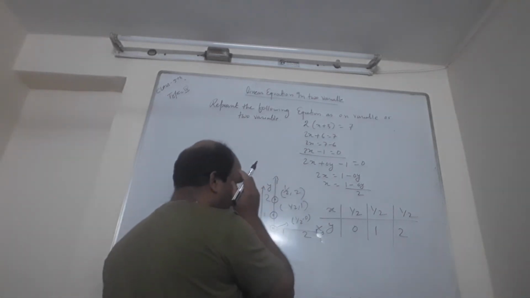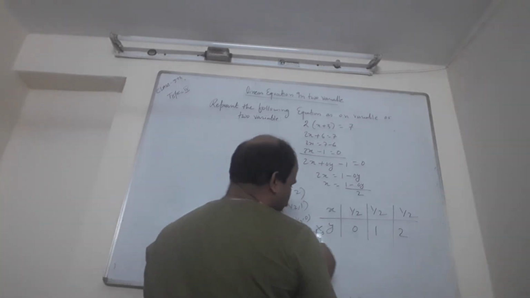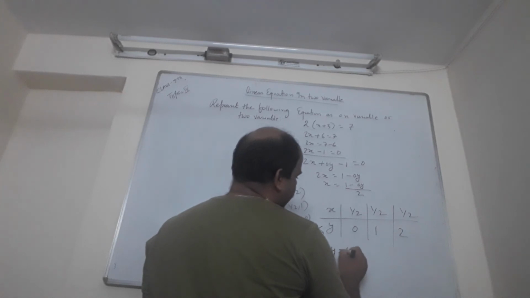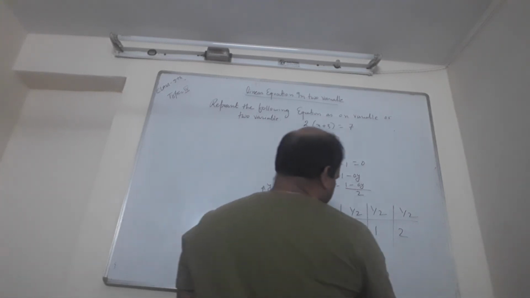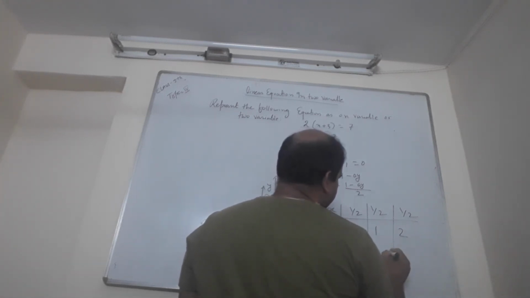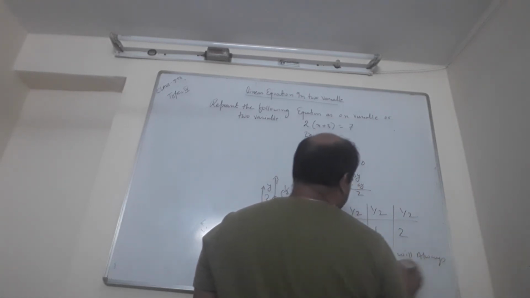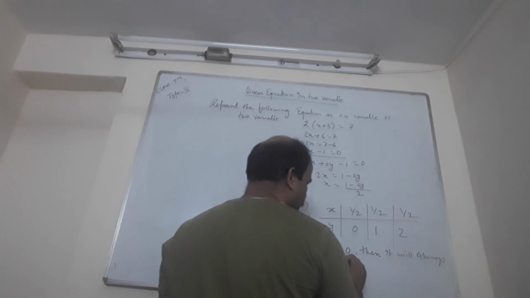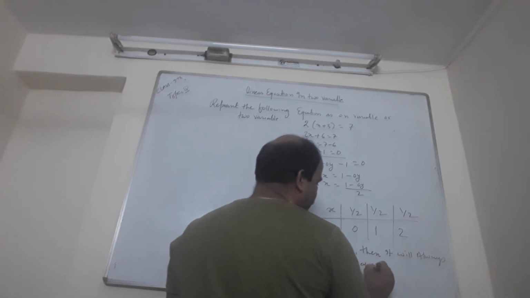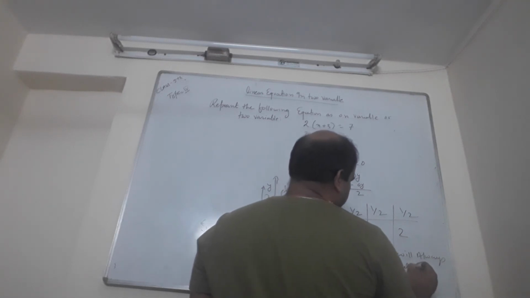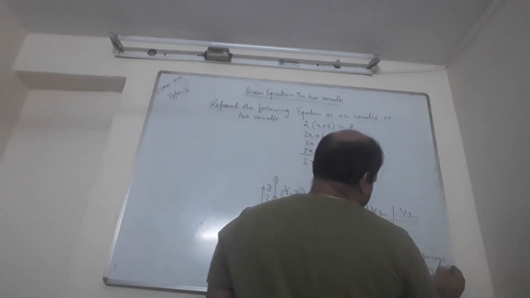parallel to the y-axis. So one conclusion you can write: if y equal to 0, then it will always form a graph parallel to the y-axis.